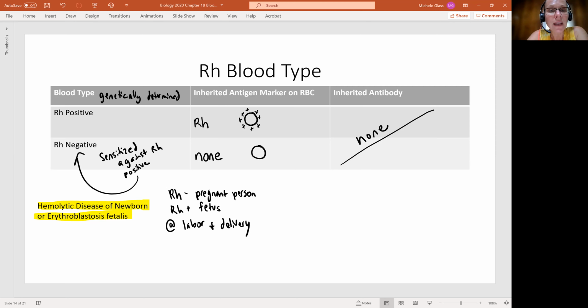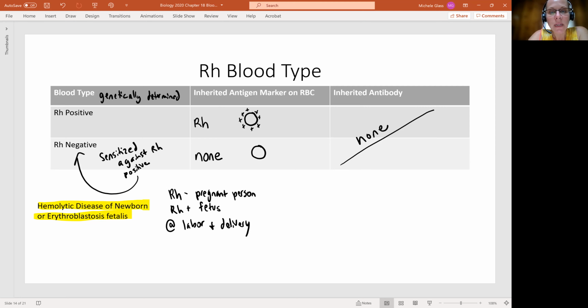And during that birthing, there's a rupturing of the blood vessels that were connecting that placenta into the uterus, right? And so there's bleeding of both the pregnant person and there's some fetal blood coming from that placenta because the placenta is half the fetus.